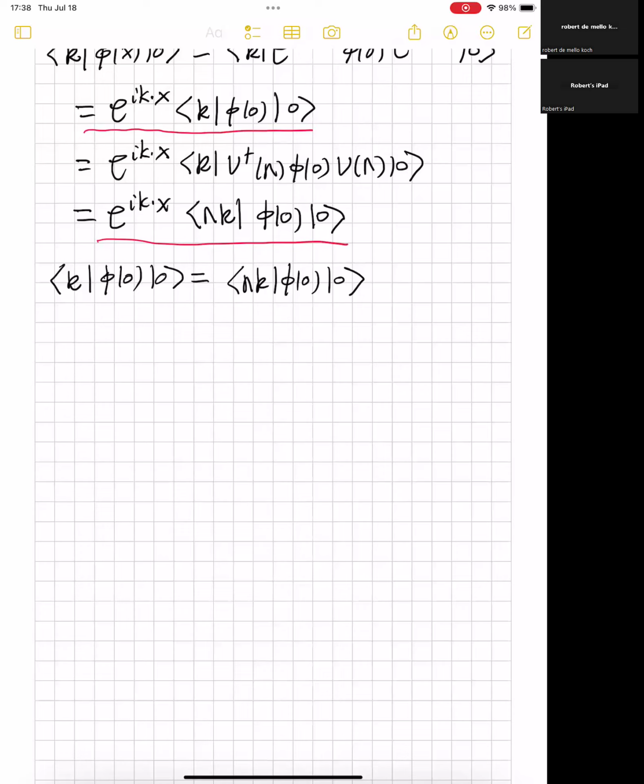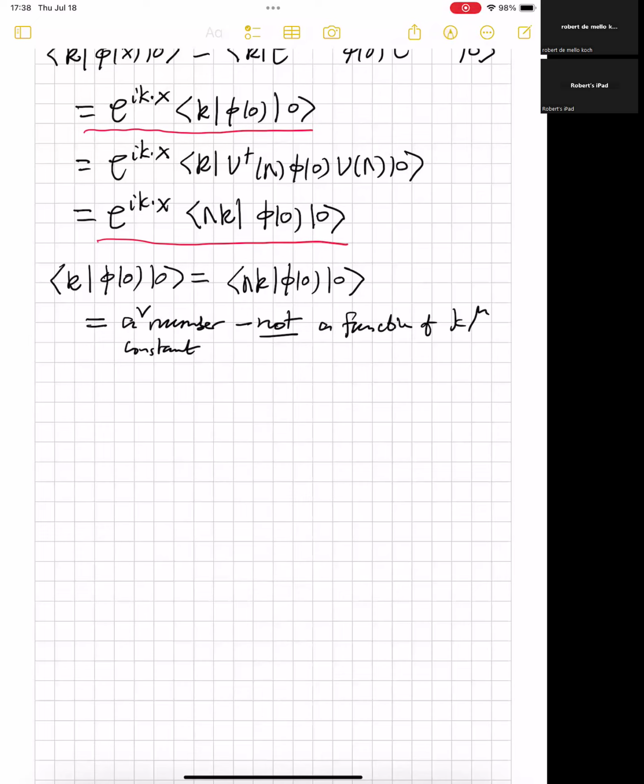So what I've learned is this quantity over here is a number, okay? It's not a function of K^μ. So maybe I should say it's a constant number, not a function of K^μ, okay?